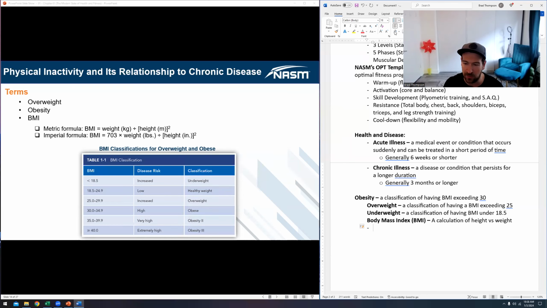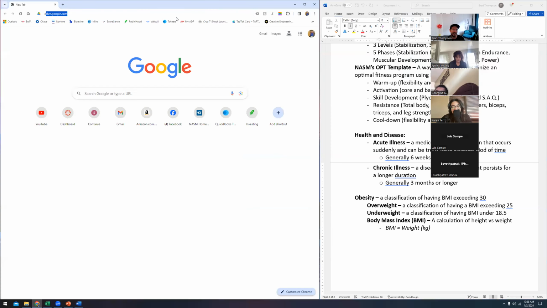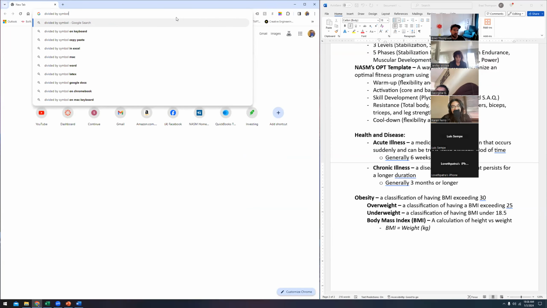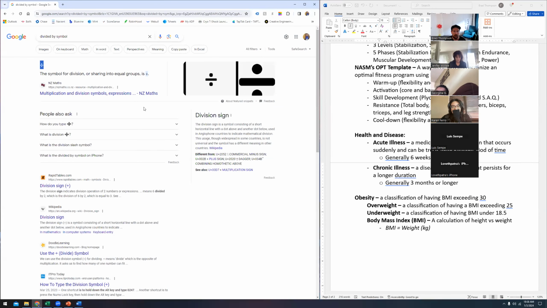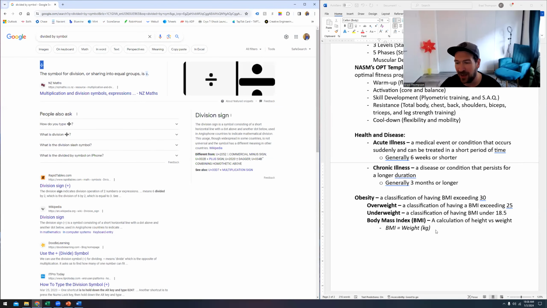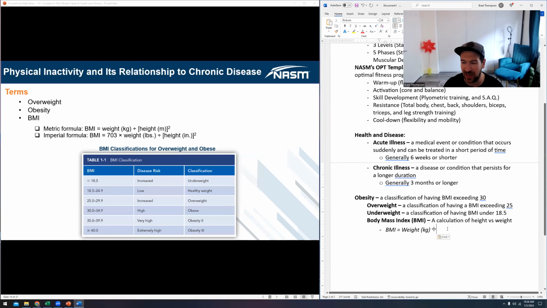Well, that is going to be BMI equals your weight in kilograms divided by your height.